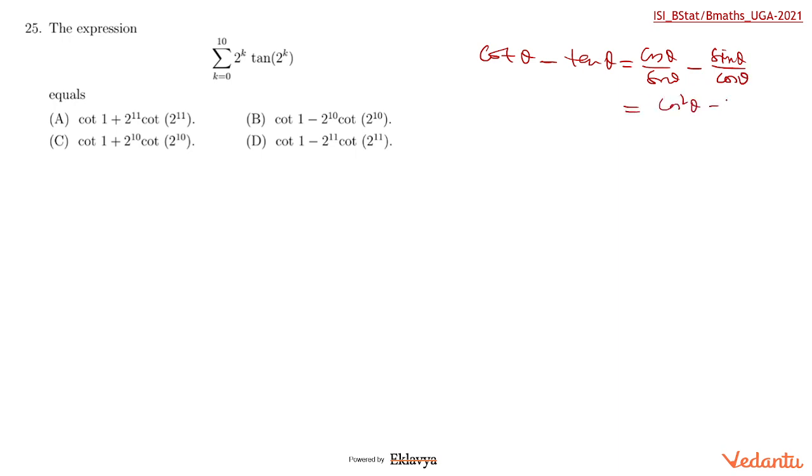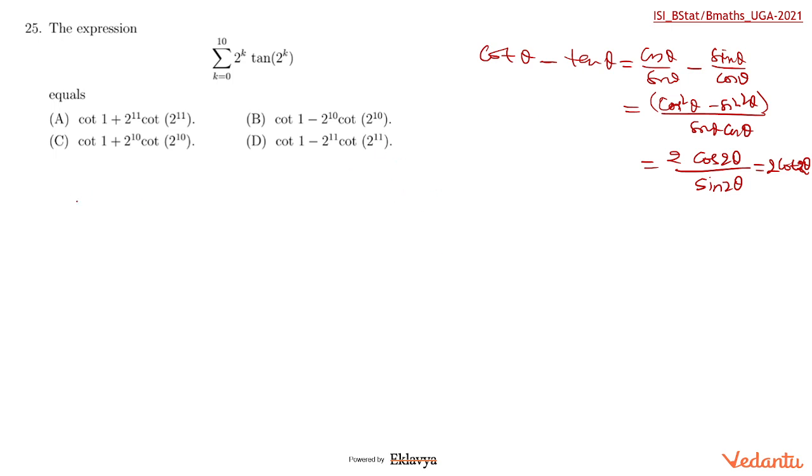Cos square theta minus sin square theta divided by sin theta into cos theta. If you multiply 2 in numerator and denominator, the numerator itself is cos 2 theta, 2 cos 2 theta divided by sin 2 theta, that is 2 cot 2 theta. तो यहाँ पे हमारे पास एक रिजल्ट है, cot theta minus tan theta is 2 cot 2 theta. You can easily get this.